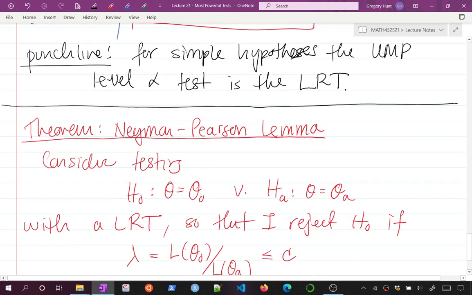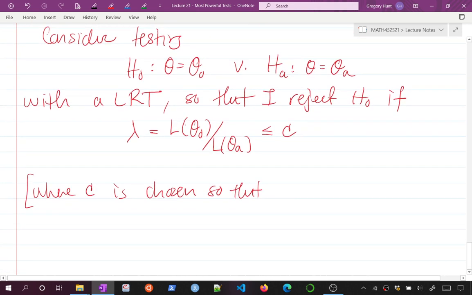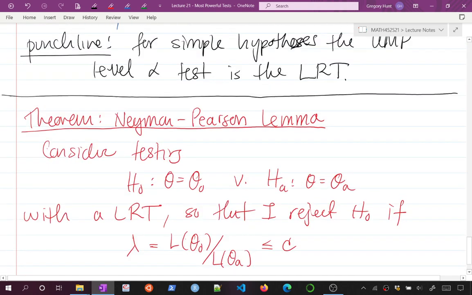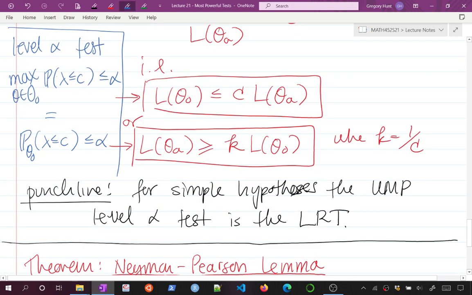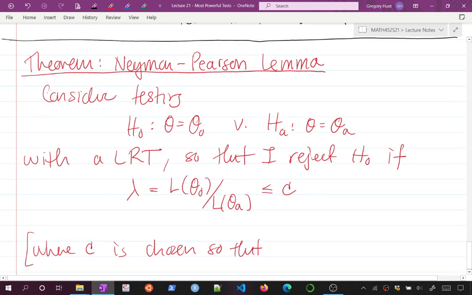So, this is the same thing is true of a size alpha test, right? If I were to change this to an equal sign, this would be a size alpha test. And the Neyman-Pearson lemma specifically says something about a size alpha test.